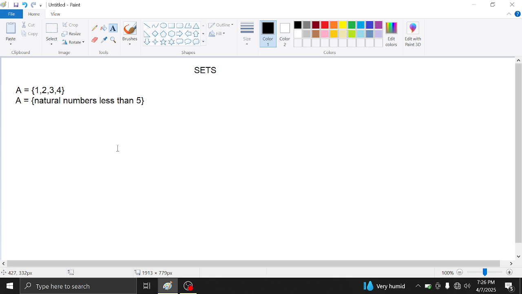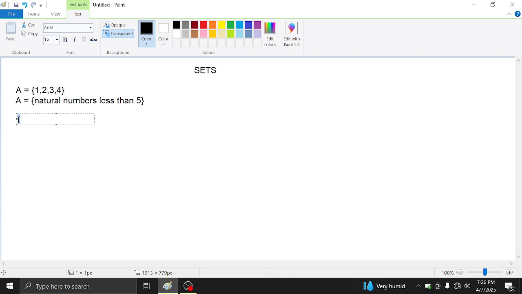Also, for infinite set, a set whose last member cannot be found is an infinite set. And we use three dots to represent a set being infinite. So let's say set B having members of natural numbers, 1, 2, 3, 4, 5 and so on, is just infinite. So we add three dots to indicate that the set is an infinite set.